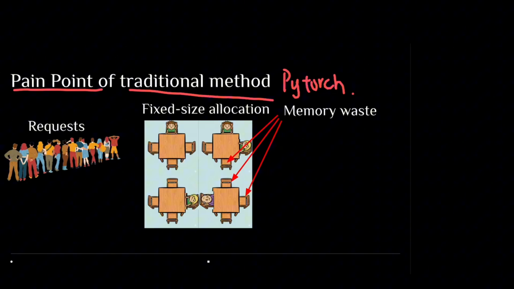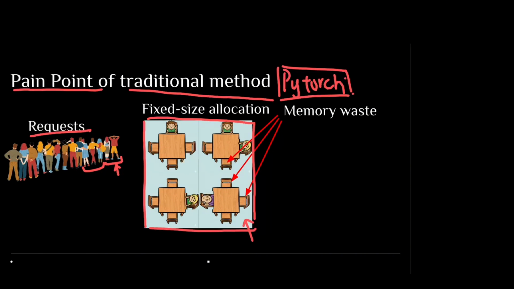Imagine that you are running an LLM seafood restaurant where your GPU is the kitchen, the blue space, and the memory is limited and very expensive. There are requests coming in. Each request can have a party of 1 person or 3 people. What does the traditional method like PyTorch do?